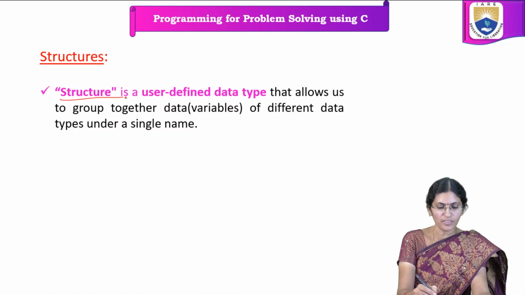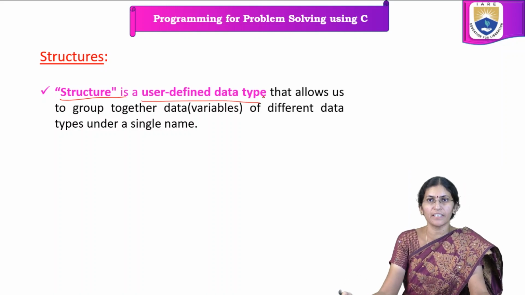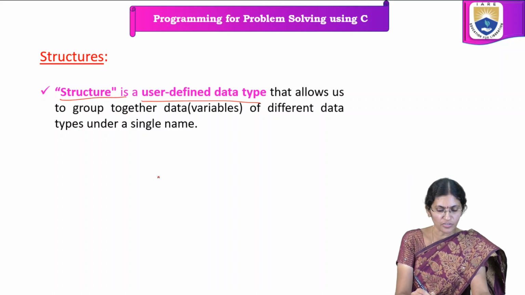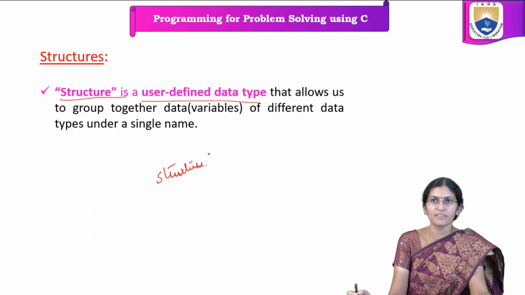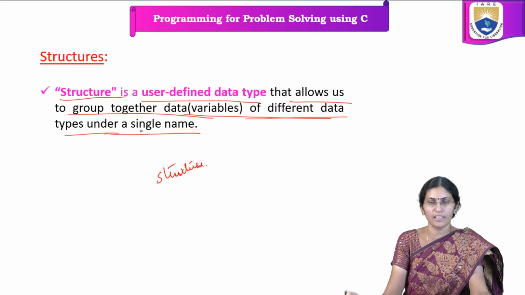What is a structure? We have seen that it is a user-defined data type. With the help of a structure, we can combine data of different types together under a single name. It allows us to group together data or variables of different data types under a single name.